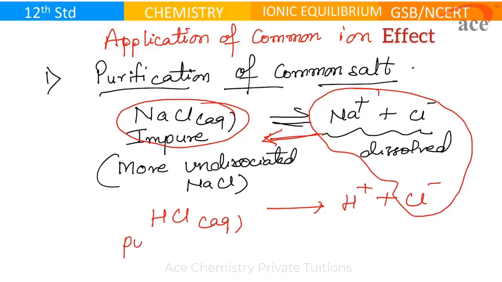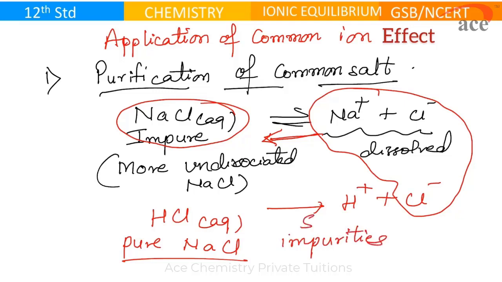NaCl remains undissociated and pure NaCl starts getting precipitated, leaving behind only impurities dissolved, or you can say soluble impurities. Is that okay? So this is a method to get pure NaCl from impure NaCl by using common ion effect by passing HCl gas.